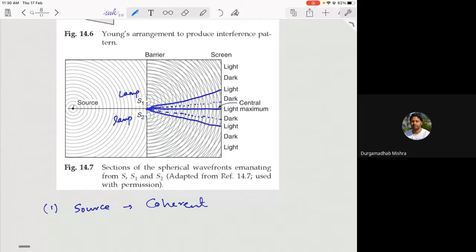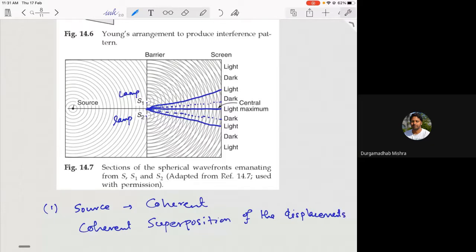So one thing is the source needs to be coherent. One thing we also say when interference happens is that it is a coherent superposition of the displacements, or the amplitudes.